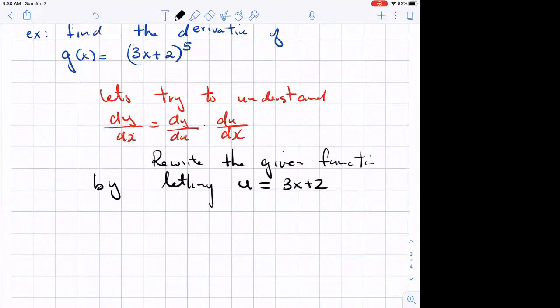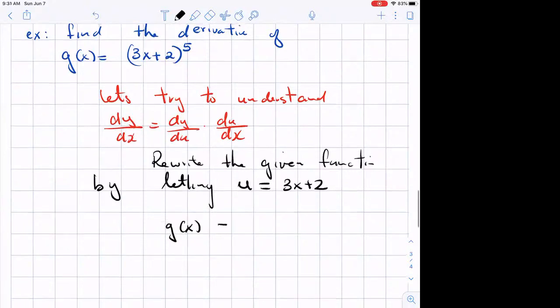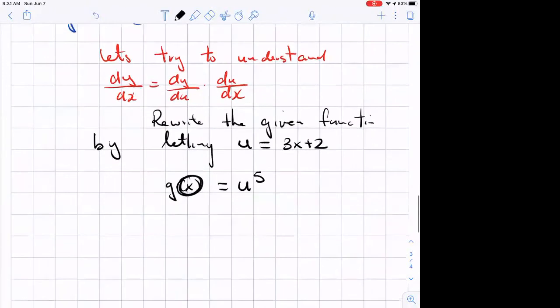Now, if I do this, I cannot write g of x, right? We cannot write g of x because the function will be u to the 5th. So we have to write g of u is equal to u to the 5th. Do you agree with that? Okay.